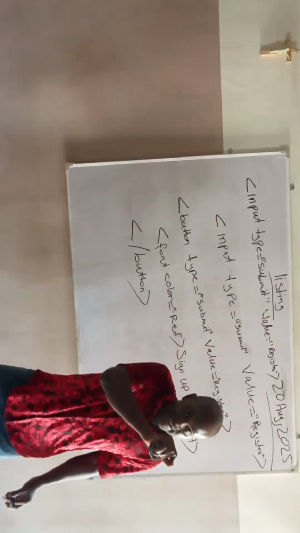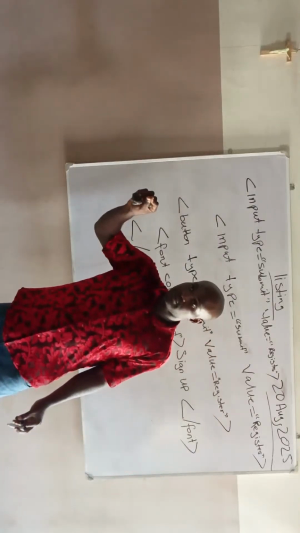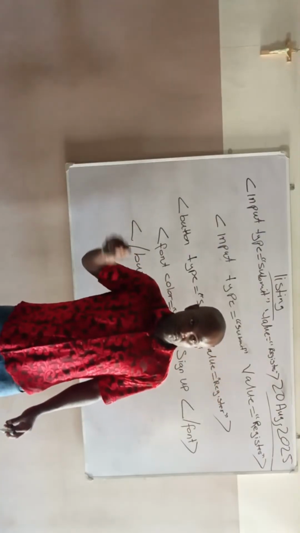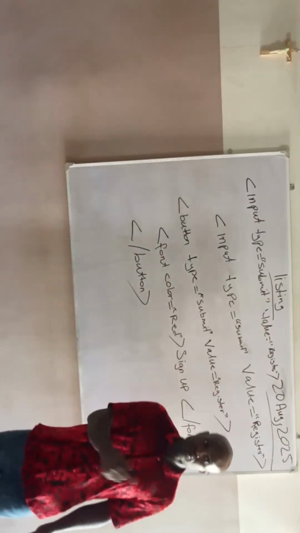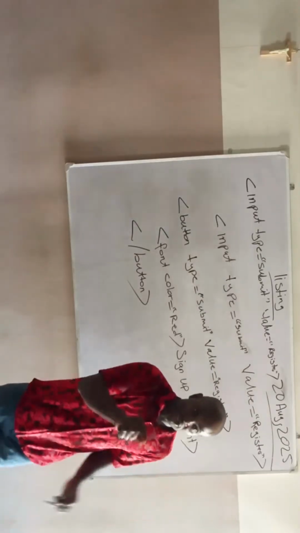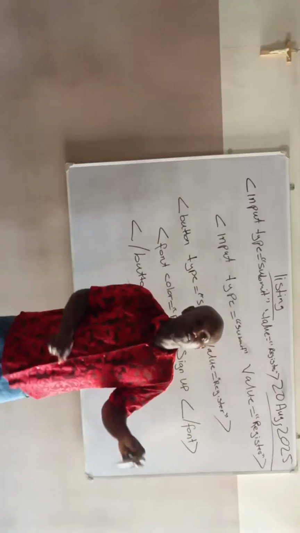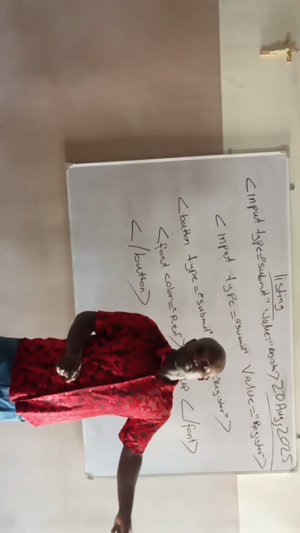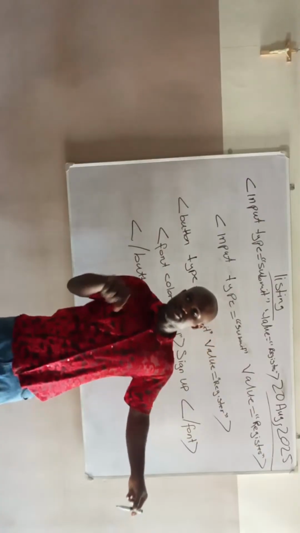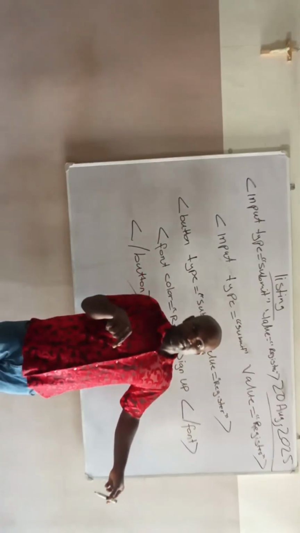Good. And what if I want to customize that, say the submit or that register button? Probably I want the value to be register, but what will display on top of that button, I want it to be sign up. Think of it like programming: if it's set, do this, else do this.